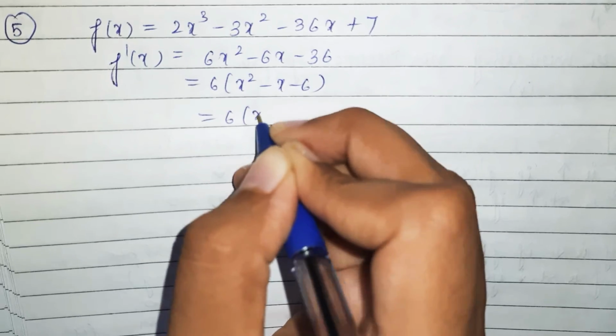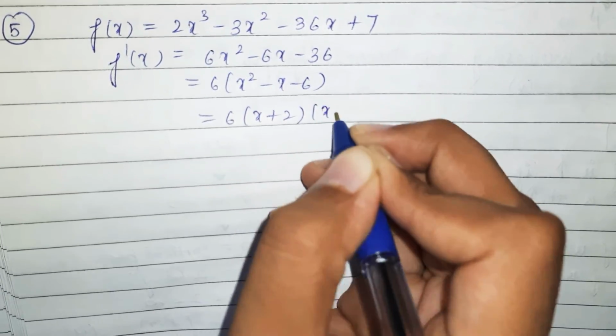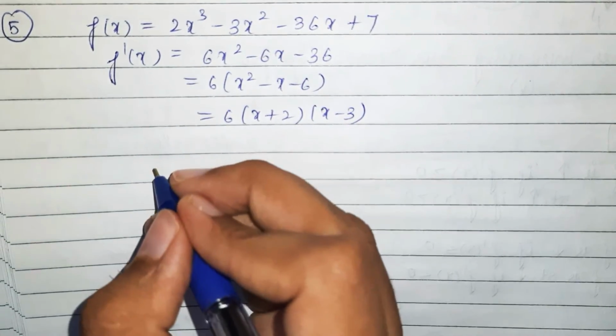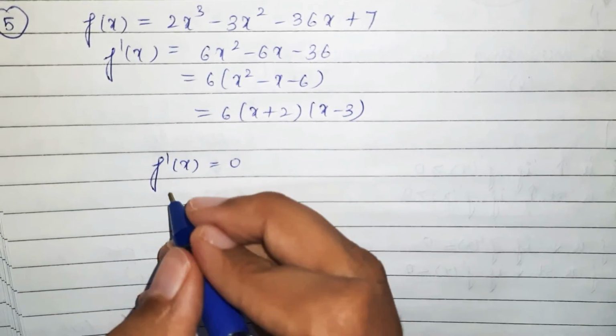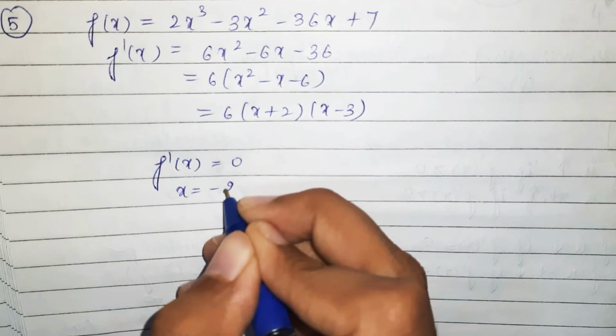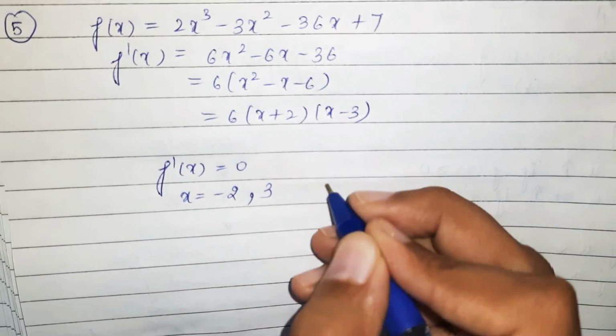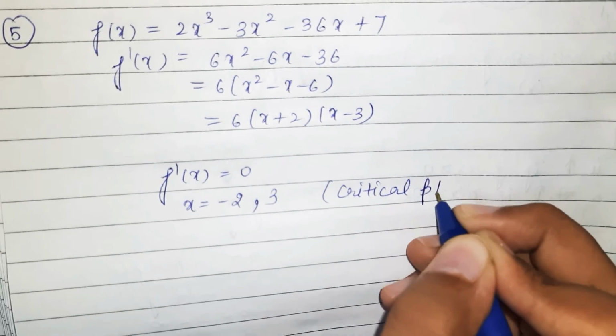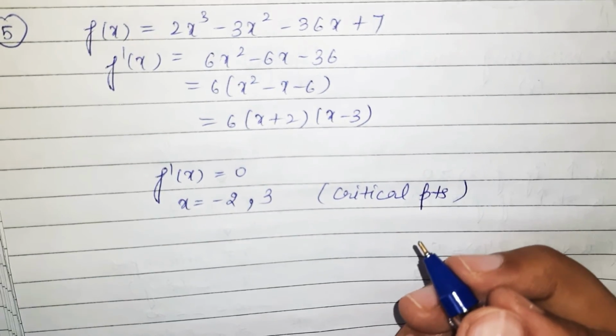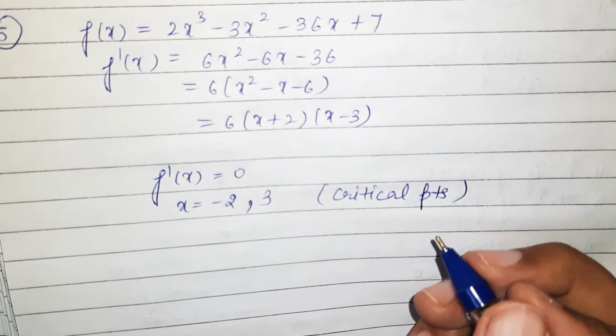While taking the factorization I am getting these critical points. Now equate f dash x equal to 0. So this 6 will become 0, and I am getting x as minus 2 and 3. So these are your critical points. This thing we will use in exercise 6.5 when we start with maxima and minima.